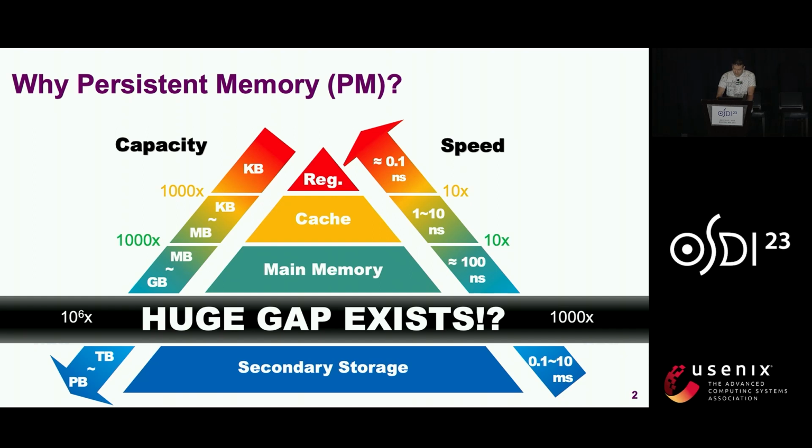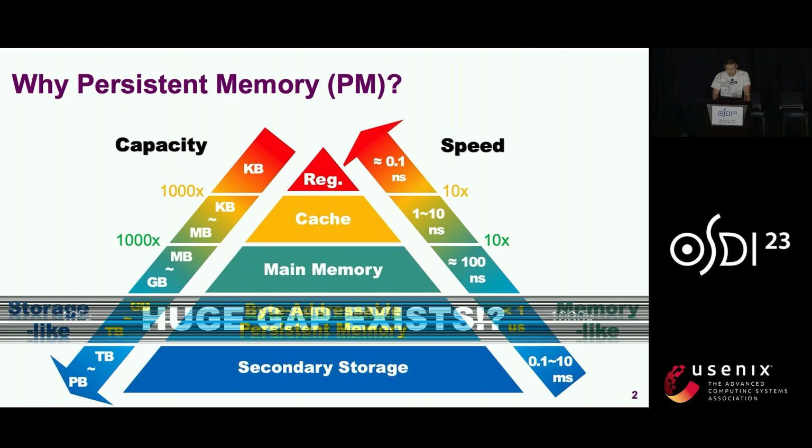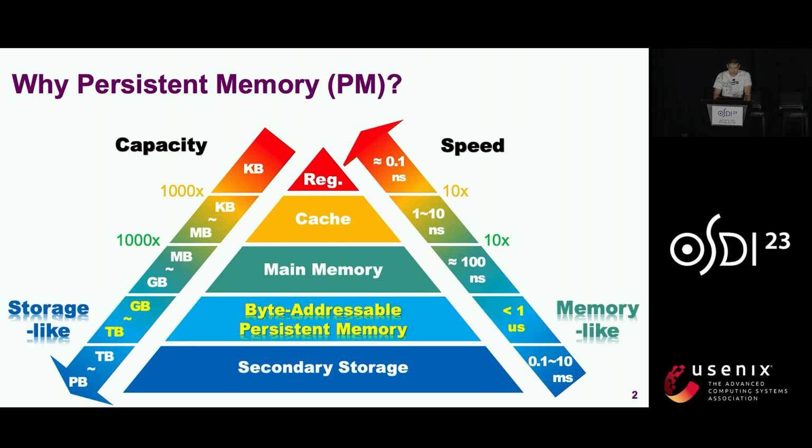If we revisit the classical memory hierarchy, there actually exists a huge gap between the memory and storage. Fortunately, the byte-addressable persistent memory can fit in the huge gap with storage-like capacity and memory-like speed.